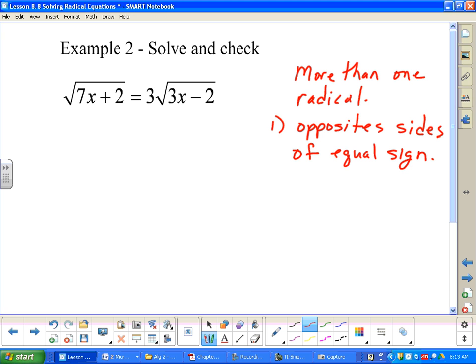That's the first thing you've got to make sure of. And then we can raise both sides to the power of the index.